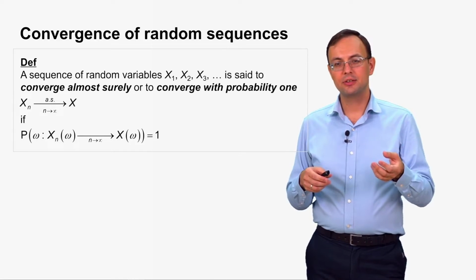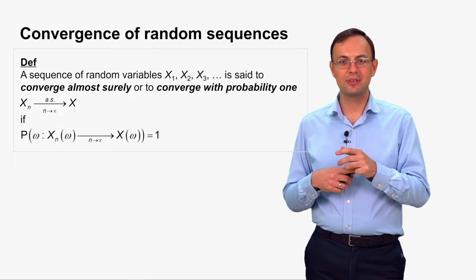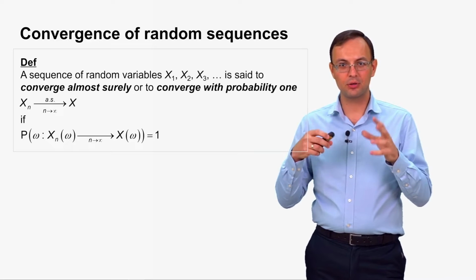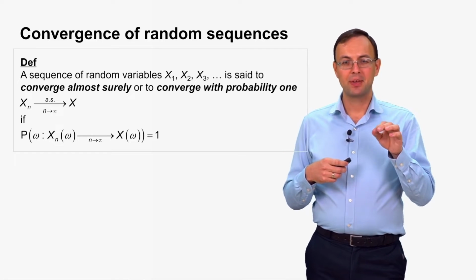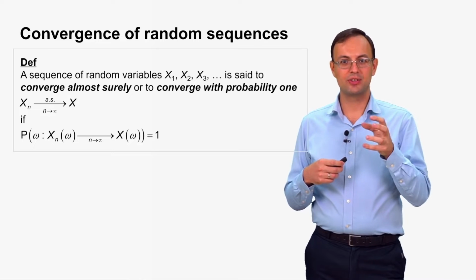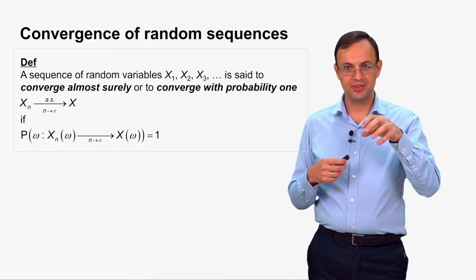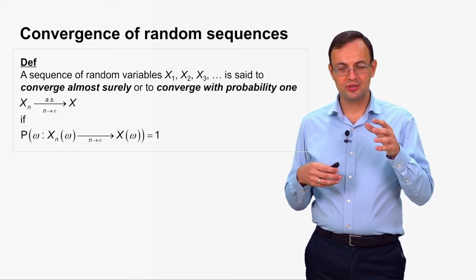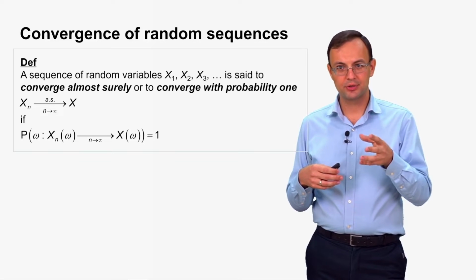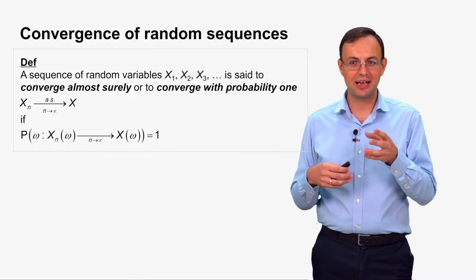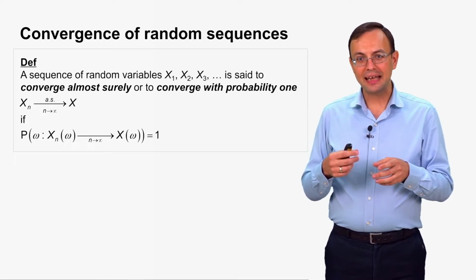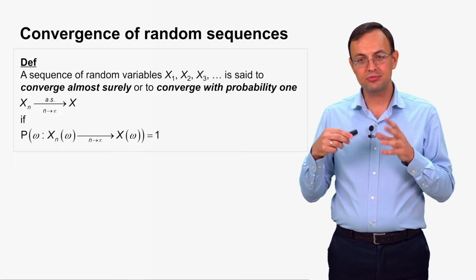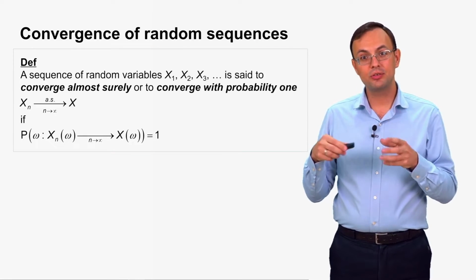Here they say that the probability of such an outcome, small omega, such that the non-random sequence we get after this outcome occurs converges to a non-random number, which we also get as a result of this outcome. So xn of omega and x of omega are not random variables, but non-random numbers.